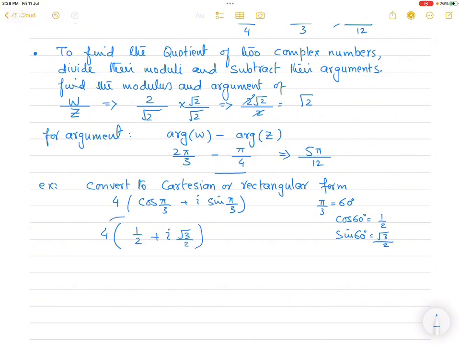Now multiply 4 by 1 by 2 as well as the second term, so I get 2 plus 2 root 3 I. So this is my Cartesian form or rectangular form.